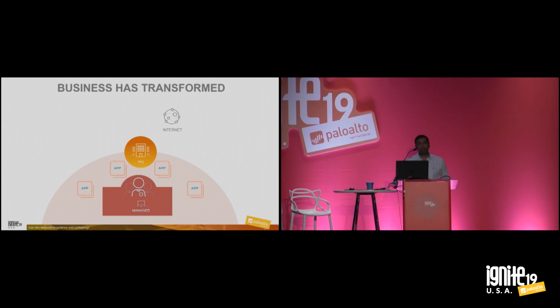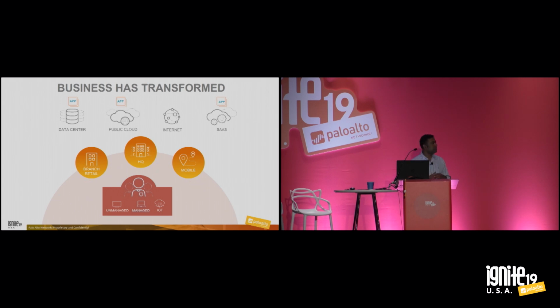So this is the why part of the presentation, okay? If you look at what enterprises looked like a few years ago, I have a number of users in my corporate headquarters, I have perimeter security, and users access the internet, and there are some apps on the corporate network that the user would access behind the firewall, right? But if you look at how businesses have changed, it is becoming more and more dynamic, right?